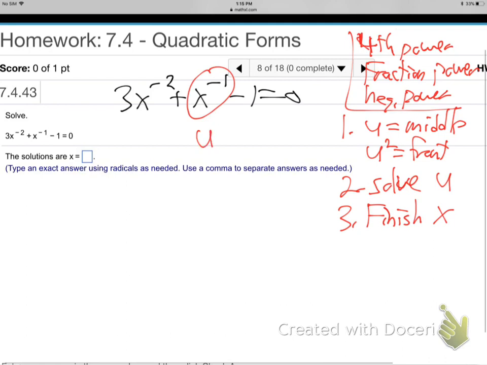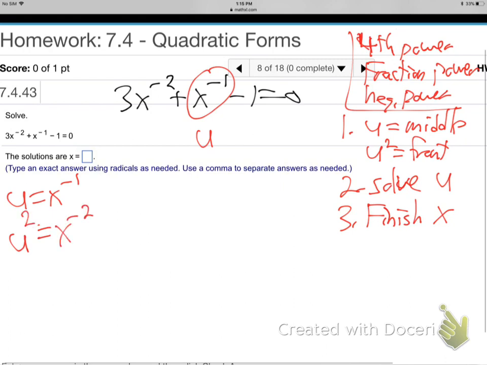Which means what? That means u is x to the minus 1. That's the substitution I'm making. I'm letting u take the place of the middle. That's what we always do. So if u is x to the minus 1, then what is u squared, which is twice as big?